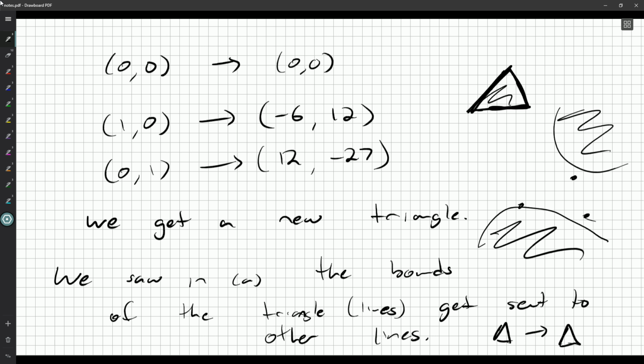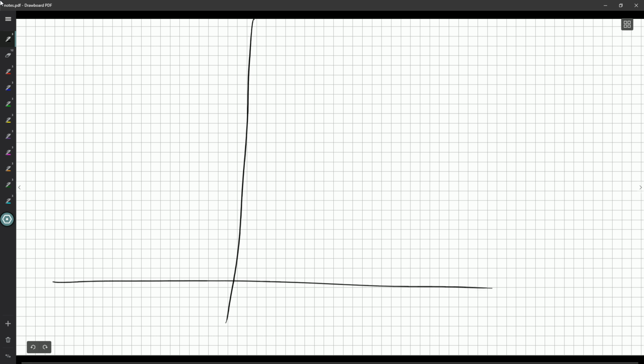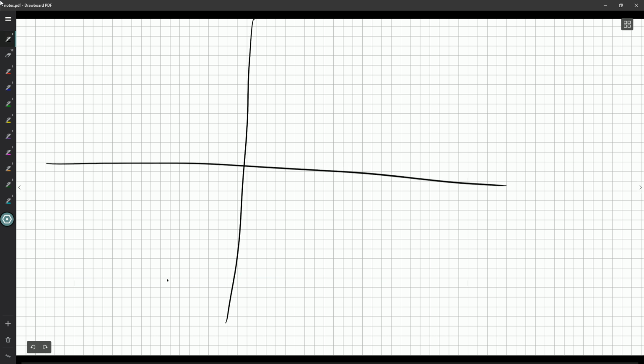So I'm confident that triangles are sent to triangles. Okay, so now I just need to figure out the area of this triangle. So 0, 0, minus 6, 12. I'm going to need this up a little bit higher. 0, 0, minus 6, 12, let's say. And then 12, minus 27.